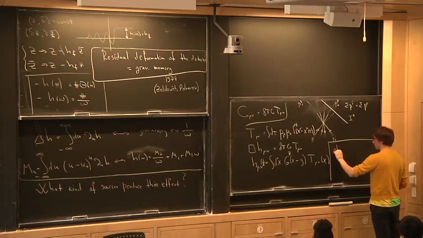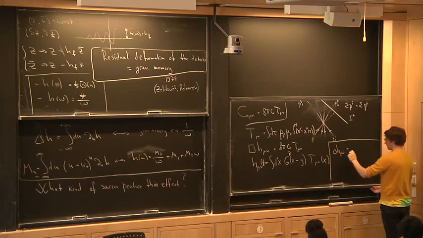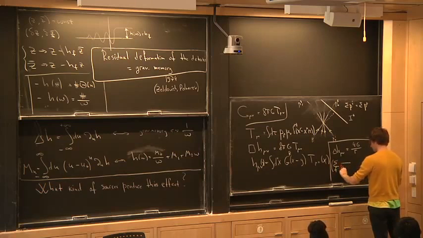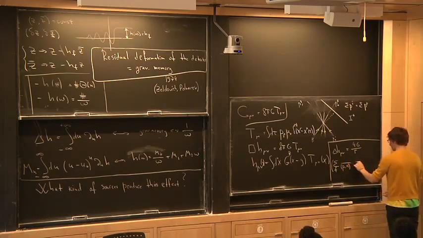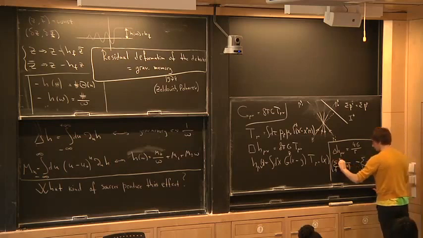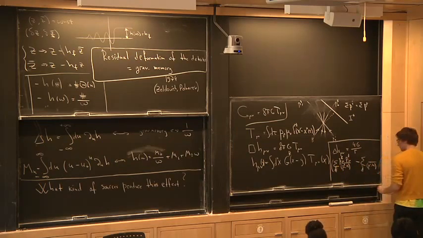The result is that you find that delta h mu nu is given by 4G over r times the sum over final minus initial, where here you have final momenta, so you carry some index i for final and some index j for initial momenta.